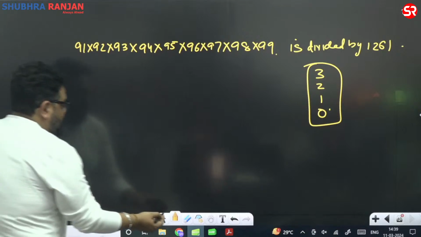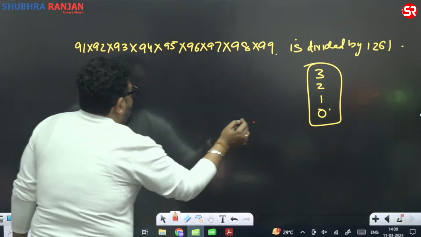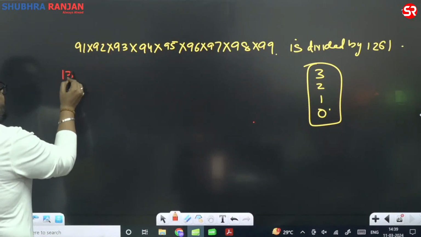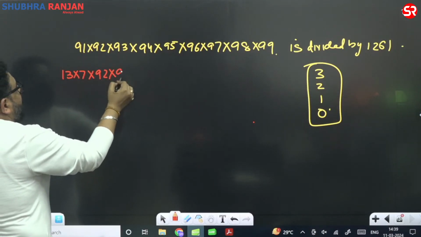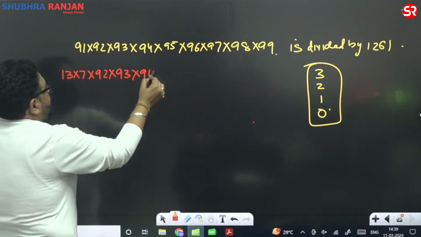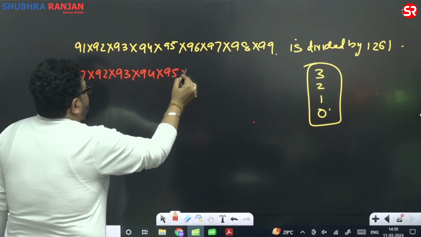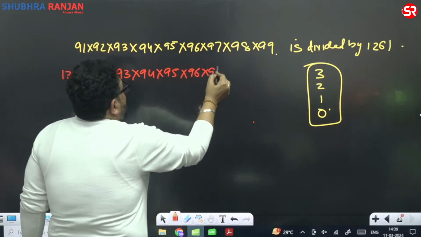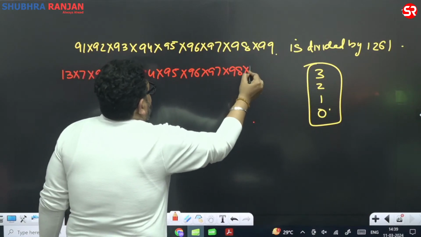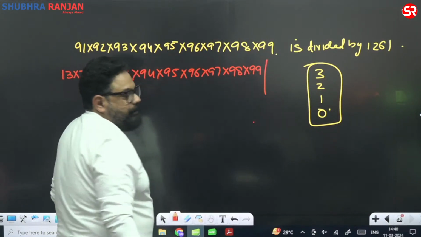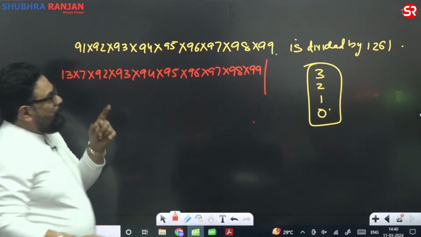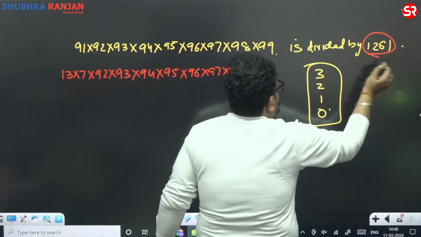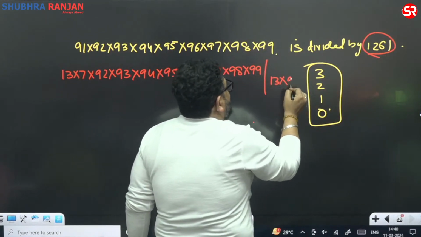Suno. 91. I see something, right? 91 is 13 into 7. Who said 0? 92 is 92, 93, 93, रहने दो. 94 को 94, रहने दो. 95 को 95, रहने दो. 96 को 96, रहने दो. 97, 98, 99 divided by 1261. 1261 is 13 into 97.